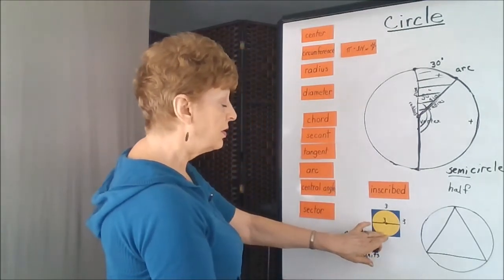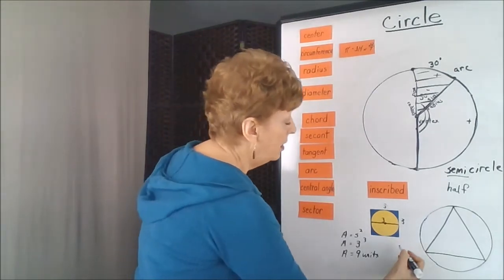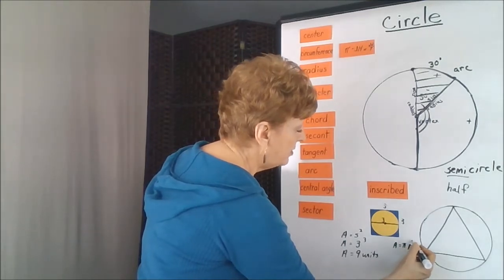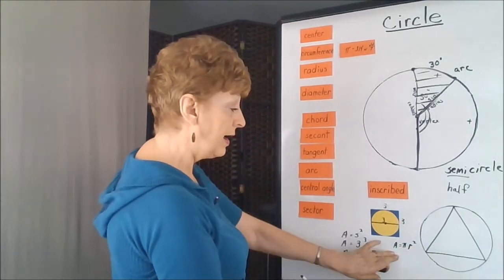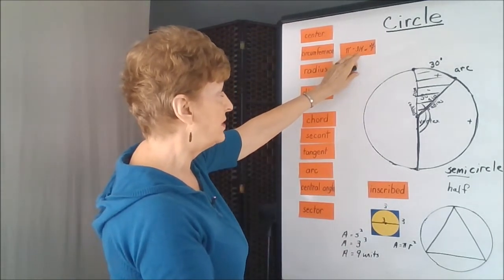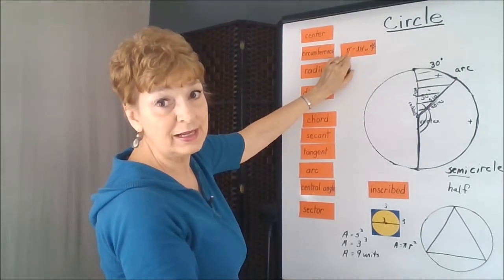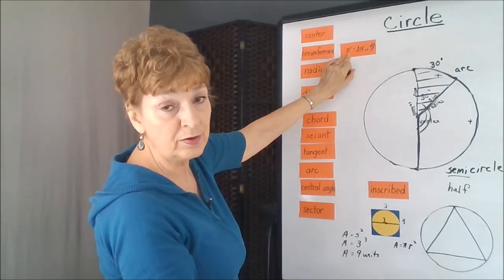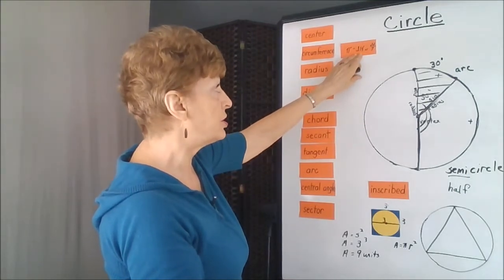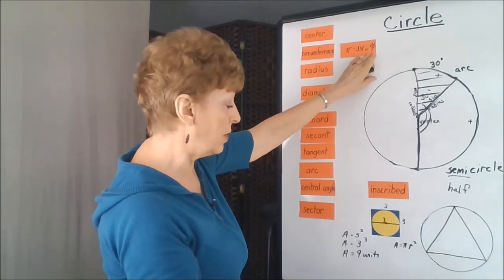Now the circle, to find the area of the circle, we would have to use the formula area is equal to pi r squared. And pi is this figure right here. We can use the decimal or the fraction, the 22/7. Pi actually is an irrational number, goes on and on forever, but for the reason of working problems, mathematicians usually cut it off at 3.14 if you're going to use a decimal, or 22/7.